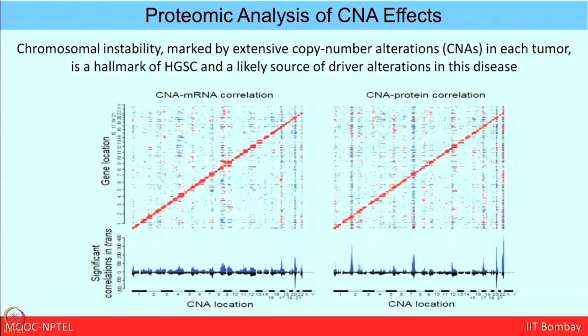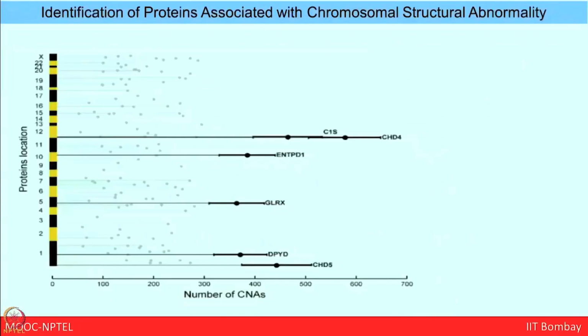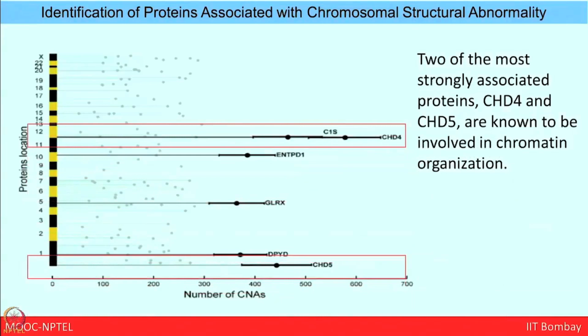The blue one is the complete profile of the data generated, whereas the black one is the data that is already present in the database. So, from this CNA mRNA correlation and CNA protein correlation, they found that two important proteins, that is CHD4 and CHD5, have the maximum number of CNAs.